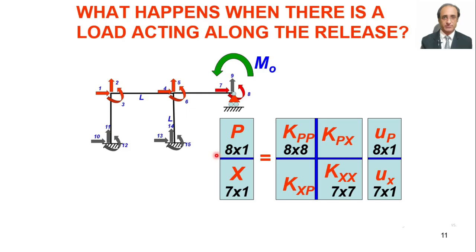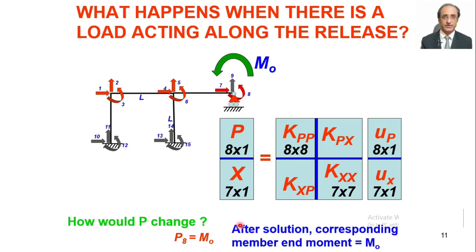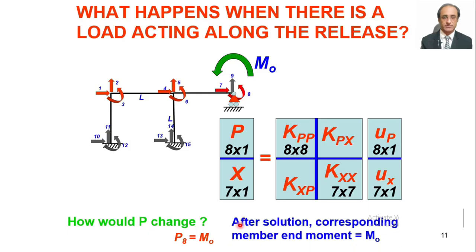The only change would be that earlier we were considering 0 value of the load corresponding to the degree of freedom 8, and now there is a moment M naught acting along the degree of freedom 8, which is the rotation degree of freedom. So in this case the only difference will be that P8 has to be considered equal to M naught, and after we solve the system we'll get all the displacements, including the rotation along this degree of freedom.